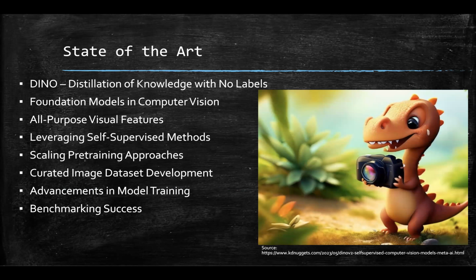The DINO method enables a model to learn a rich representation of visual data without relying on a labeled dataset. DINOv2 is a comprehensive extension of that point of view. So DINOv2 is the state-of-the-art work from this year, especially in computer vision tasks like image classification, image segmentation, and of course depth estimation.